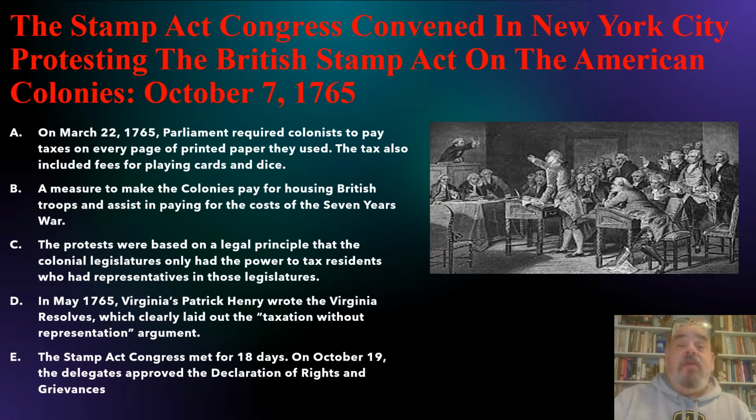And even though some colonies had official agents to Parliament, like Benjamin Franklin, no colonies had sitting representatives in the British Parliament. Benjamin Franklin wasn't a member of Parliament. He was a member of a representation, actually just for the colony of Pennsylvania, not for the American colonies as a whole.